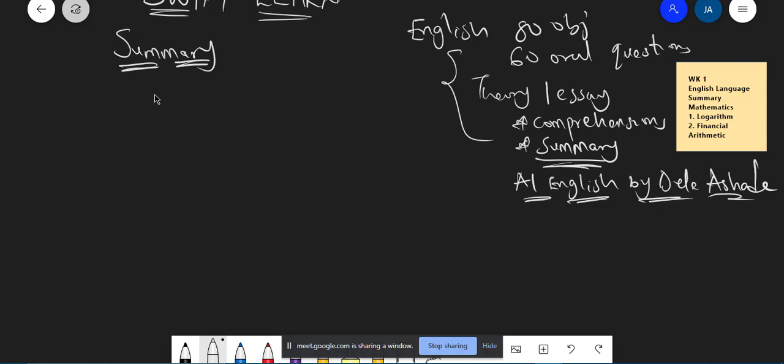Now on summary, there are some few things you have to know. Summary is just like you read a passage, then you kind of shorten the story. Most times in summary they will give you paragraphs of maybe a story or an informative essay or a descriptive essay or one or two things like that. Mostly it's always an essay that has points.